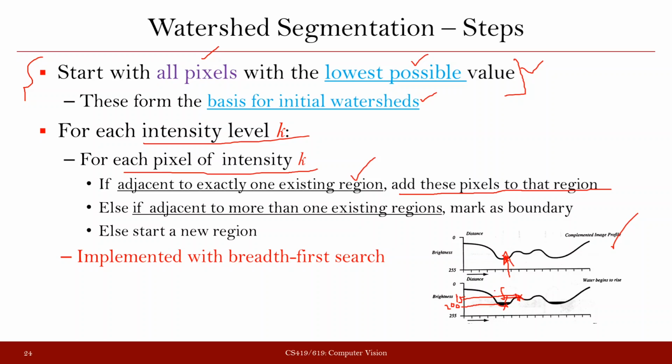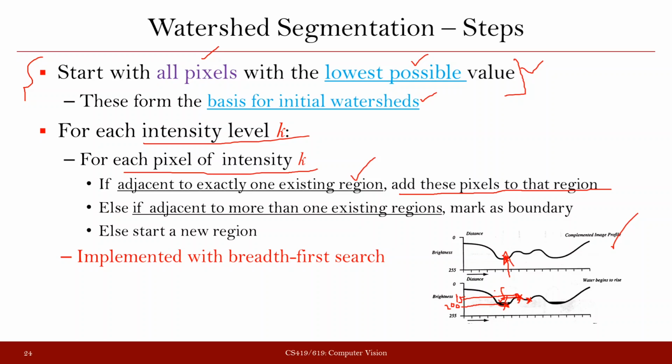One region which is formed from considering this particular pixel, and another region which is formed by considering the water leakage, let's say, at this point. So when you find a point here which is adjacent to two regions, that is going to define the splitting, that is going to define the boundary.